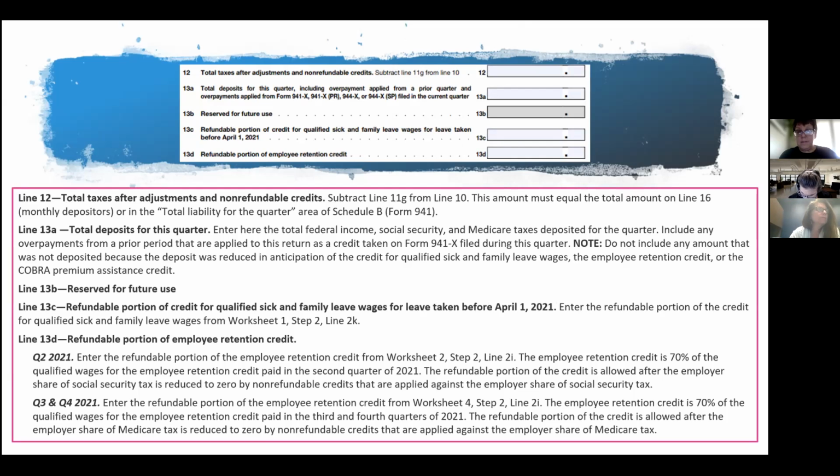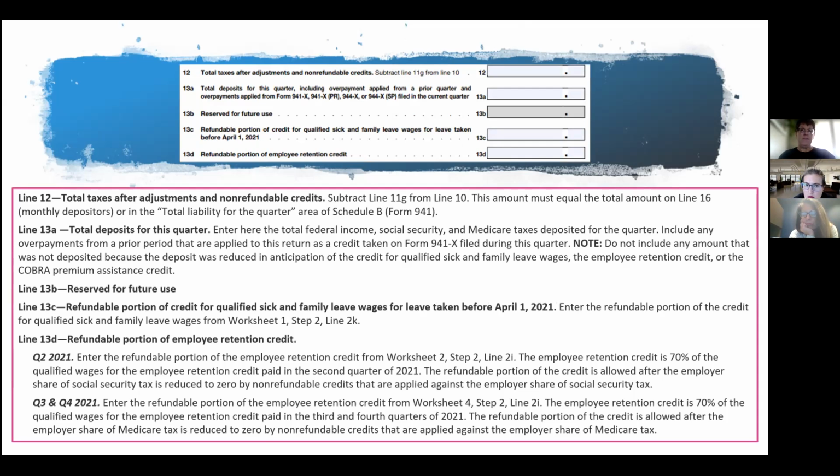And then line 12 is subtracting 11G from line 10. Line 10, remember, was the total after adjustments. So line 12 has to match what you have on your Schedule B, or the total amount on line 16 if you're a monthly depositor.